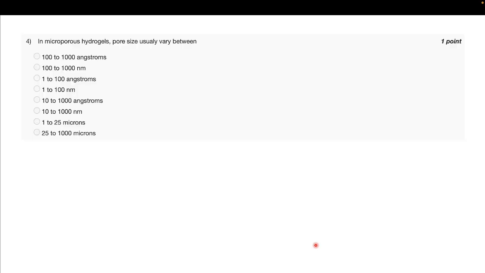The next question is, in microporous hydrogels, pore size usually varies between what? So you have a bunch of options here. Let me know if anyone knows the answer.